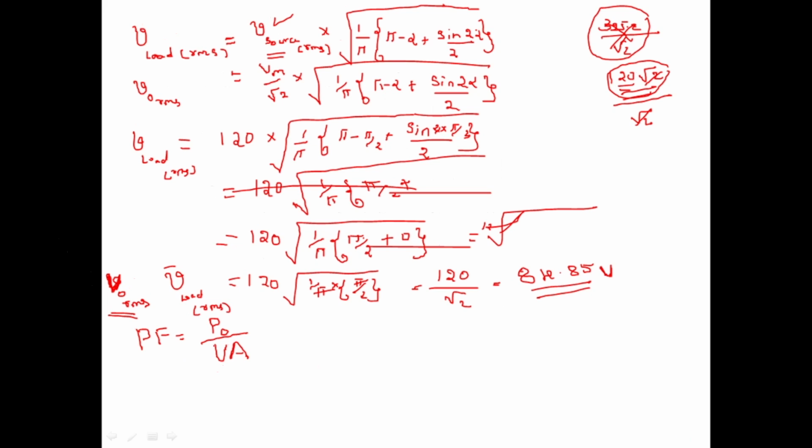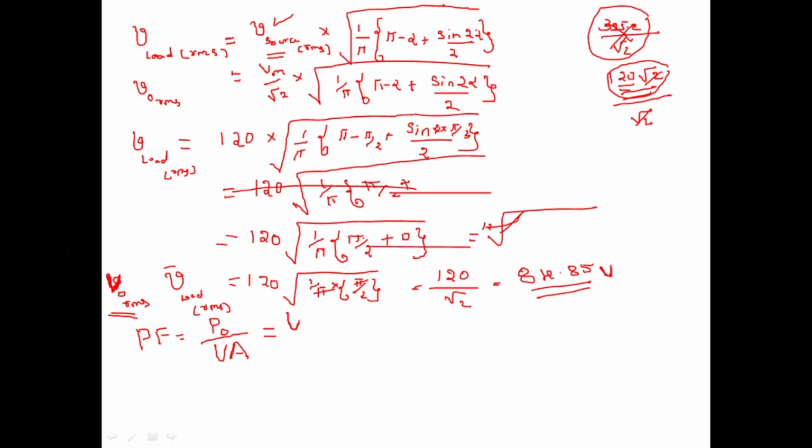This is talking about the source voltage RMS, and this is talking about source current RMS value. This is the load power, or else the power which we have delivered to load, or else I can say output power. So power factor is output power divided by V into A. What is output power? Here the output voltage or load voltage is also AC, correct?